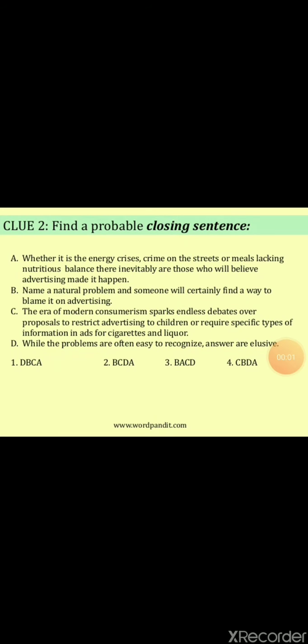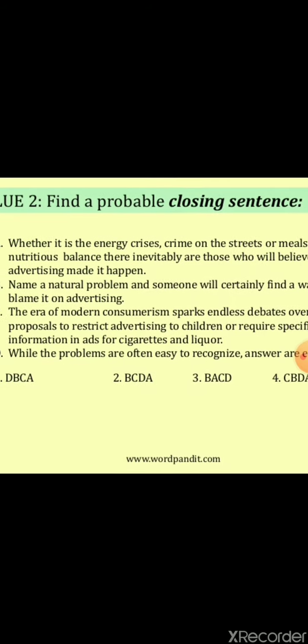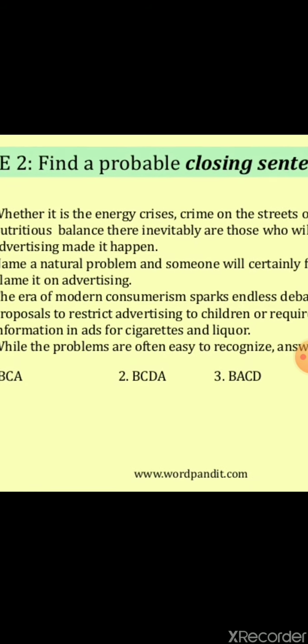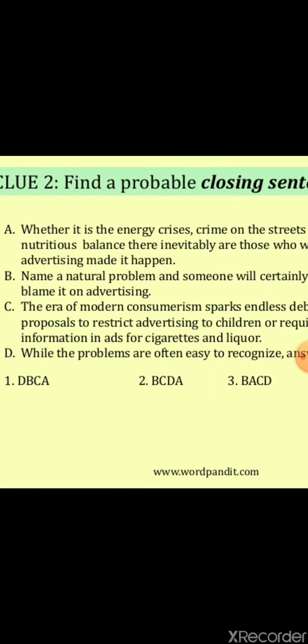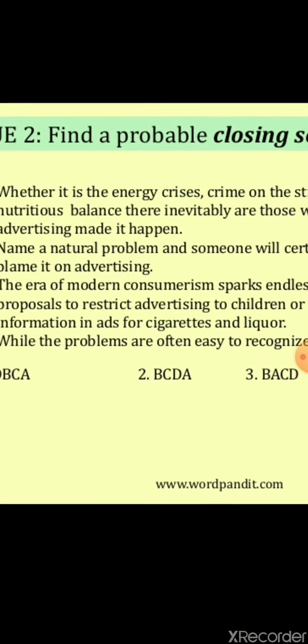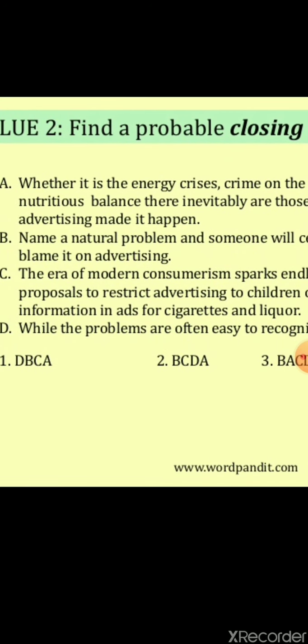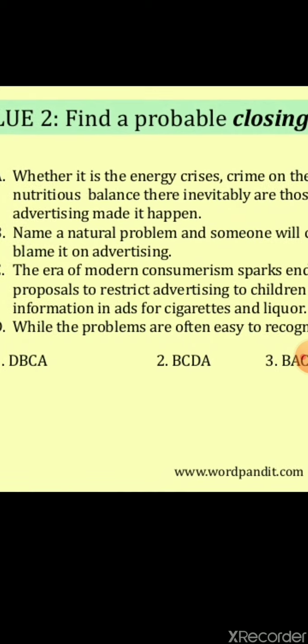Now, clue number two: we need to find out the closing statement. In the previous slide, as I stopped in between, now I'm completing the fact of how to find the closing sentence. Look at these 4 sentences: whether it is the energy crisis, a new natural problem, the era of modern consumerism, and while the problems are often.